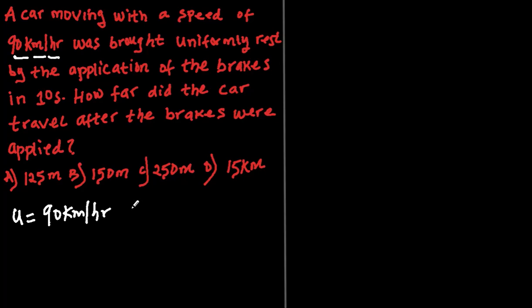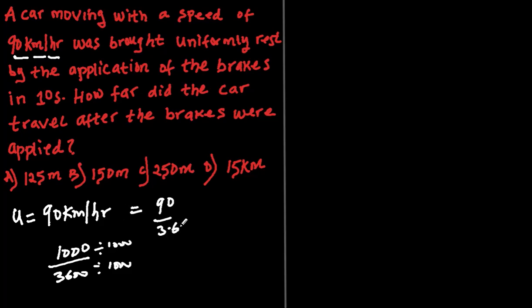But what I do is to just divide by 3.6. Why? Because 1000 over 3600, if I divide this by 1000 and I divide this by 1000, 1 over 1000 is 1, and 3600 over 1000 is 3.6.